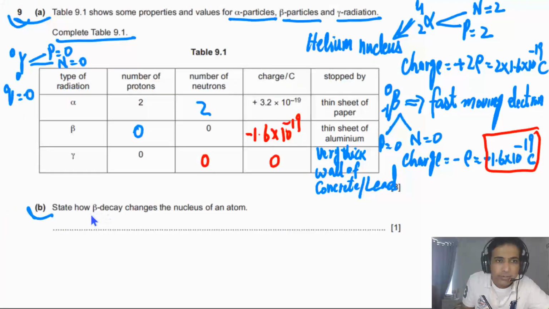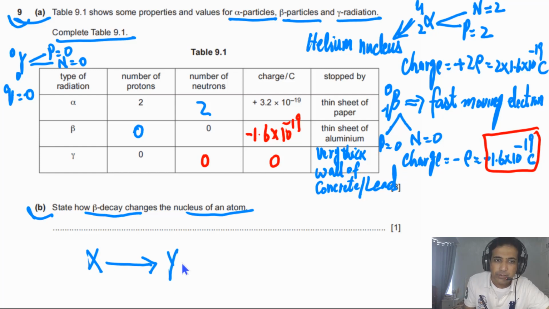Part B says state how beta decay changes the nucleus of an atom. So first of all, let's try to understand beta minus decay. Let's say we have nucleus X. It decays into nucleus Y by emitting a beta minus particle. With a beta minus particle, there is also an electron anti-neutrino.